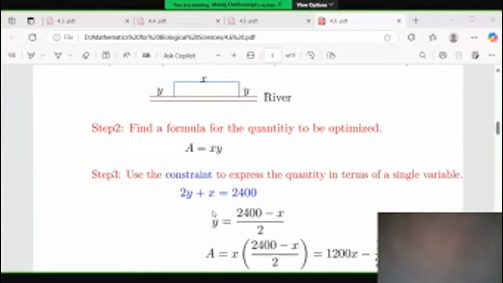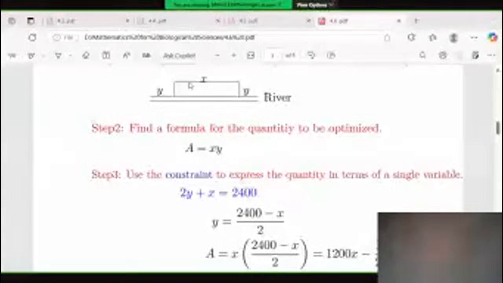Even if you set x equal to 0, y will be 1200 according to the constraint, but at that point it is a very thin long rectangle. Area is 0.